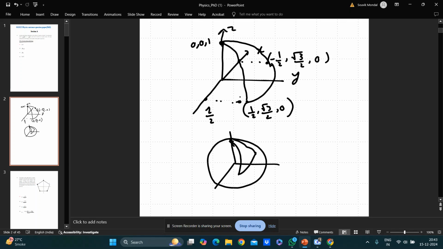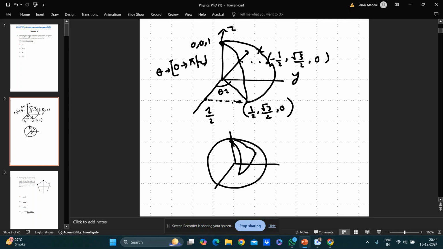Now look at this figure, this is the bigger figure. Here, what is the limit of theta? Theta goes from 0 to pi by 2, because it is in the upper half plane for sure. Now what is the limit of phi? That is important. For this point, what is phi? This is phi 1, let's say.